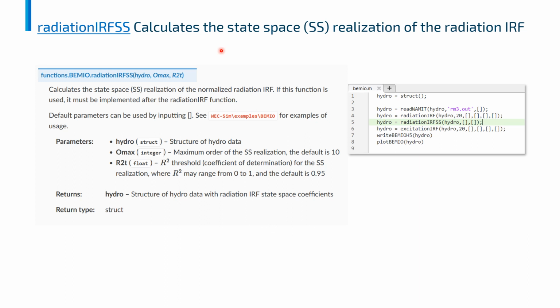This function is useful because it runs a lot faster than the previous function that I just mentioned, the radiation IRF, and the parameters that this function uses are the hydrostructure, the maximum order of the state space realization, whose default value is 10, and also the R2 threshold, the coefficient of determination for the state space realization.